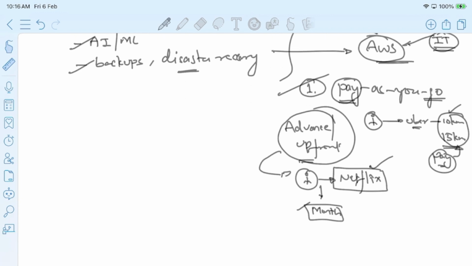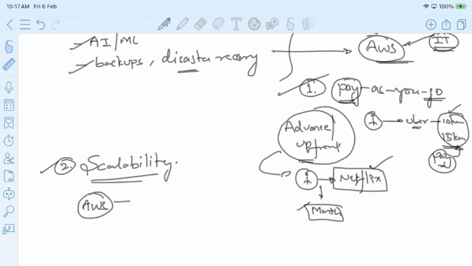And what is the next advantage? The second advantage you can see here is massive scalability. What do you mean by massive scalability? Let's say using AWS, I set up a server, and in this server configuration, I selected 10 GB as the hard disk.